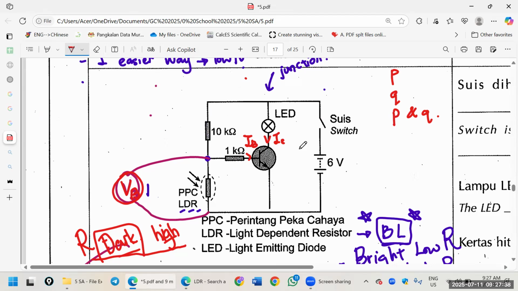So base voltage is also high. It can be switched on. Yes, so the LED lights up because the LED is always put around the collector current. Thank you.